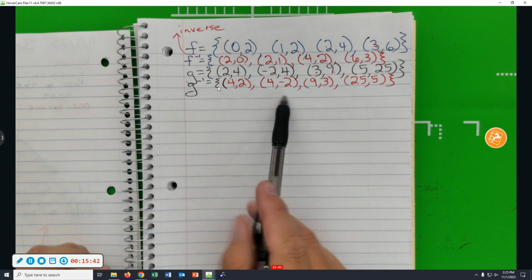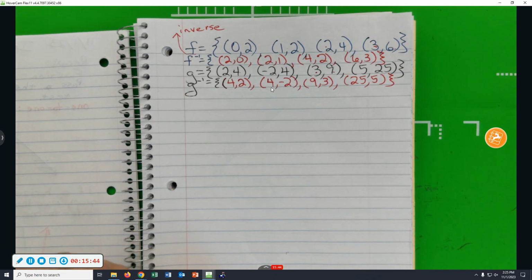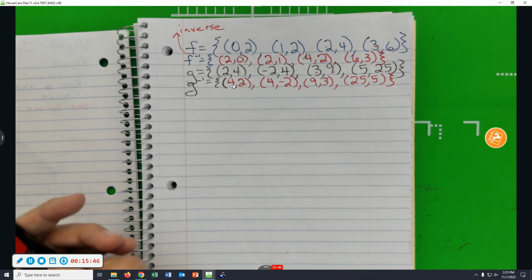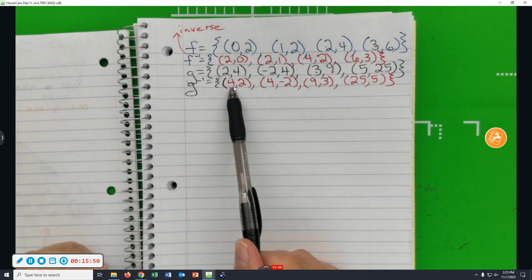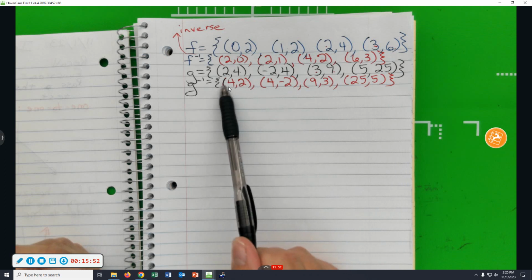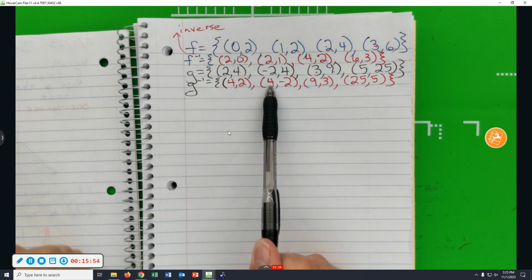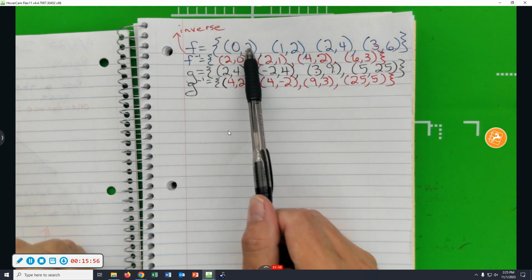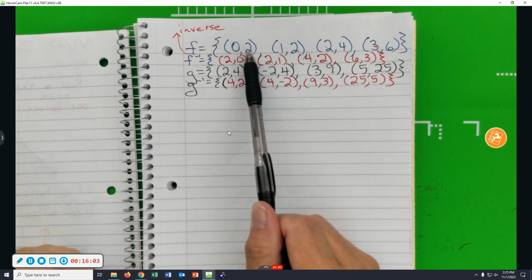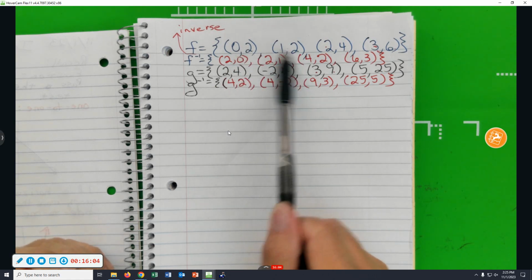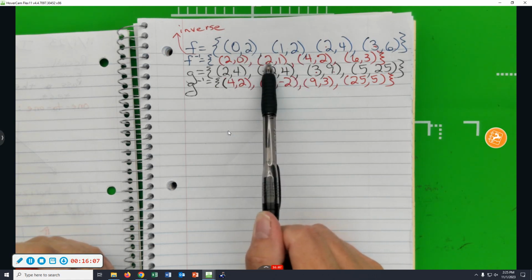What about g inverse? I guess I shouldn't have had the problems be the very first two ordered pairs. Look, we have repeated x values. The point I'm trying to make is that it's fine to have repeated y values in a function, but if you do, then when you form the inverse, the repeated y's are going to become repeated x's.